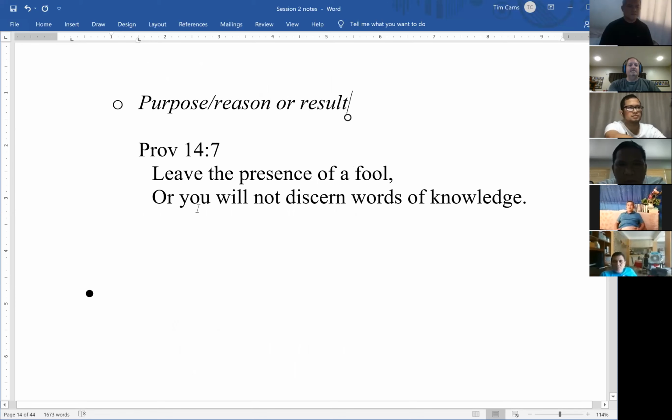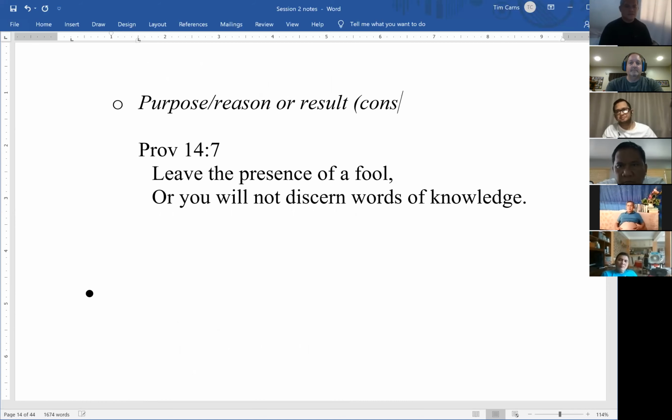Leave the presence of a fool, or this is going to happen. Consequence. Yeah, that could be another, especially in the Proverbs, consequence. Okay? So in this case, the main statement is the first line, and then the second line tells you what's going to happen if you don't. Okay? You see that?